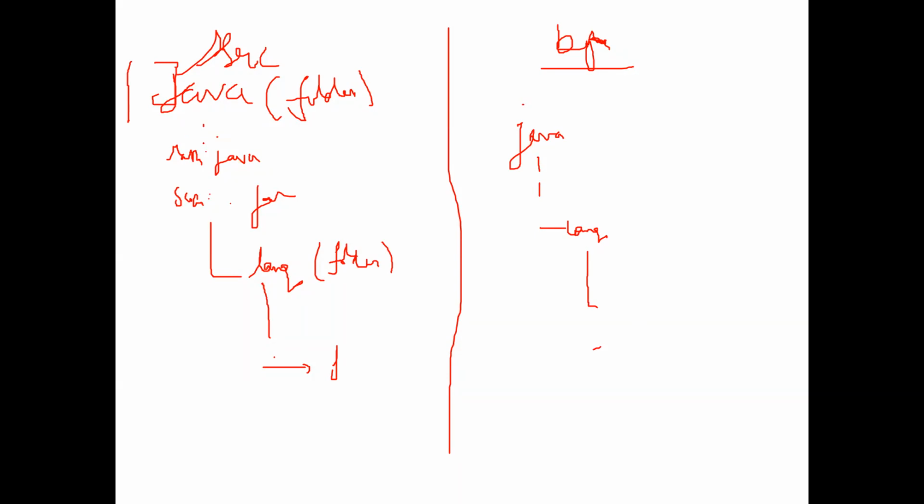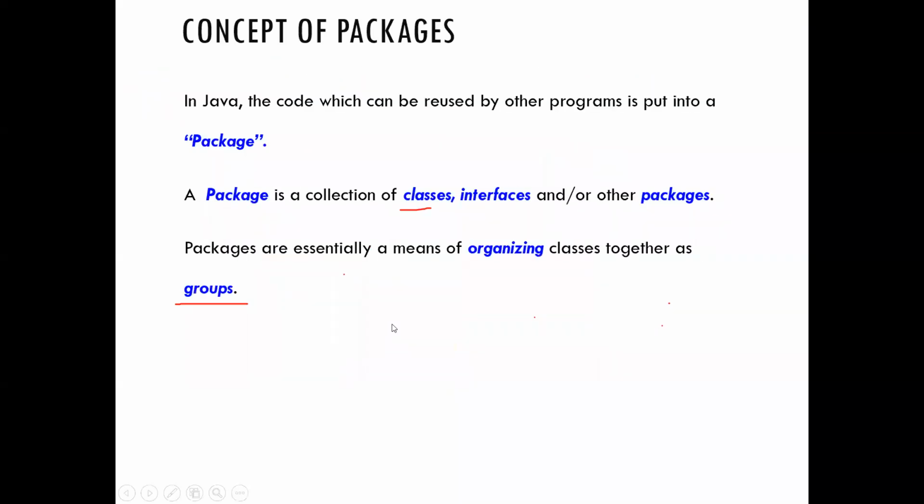When I show the code, I'll put a keyword called package Java in the source file, and when I compile, the .class file goes and sits here in the bytecode folder. Whatever .java files are here will go as .class files in another folder, based on the command that I use. So now coming back to here.